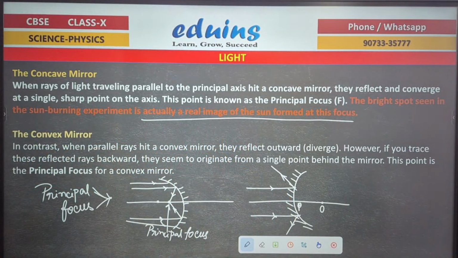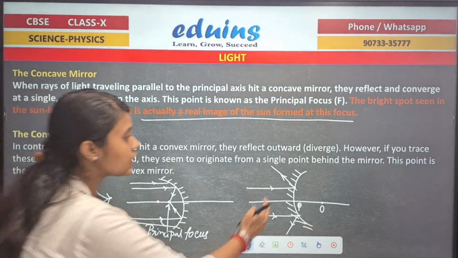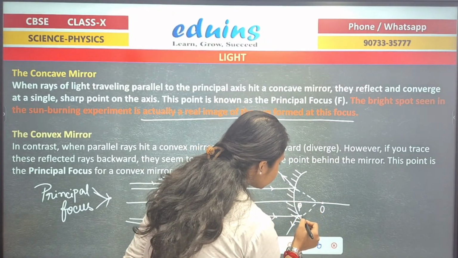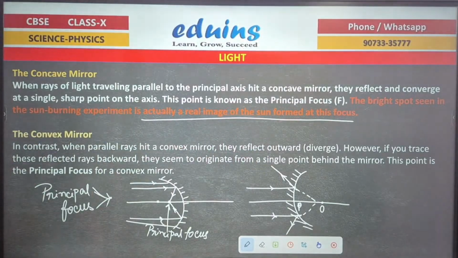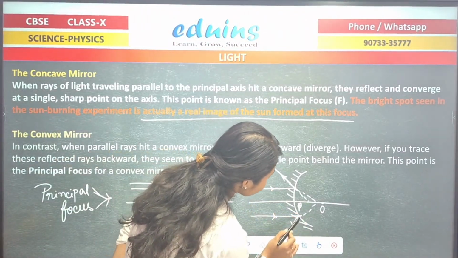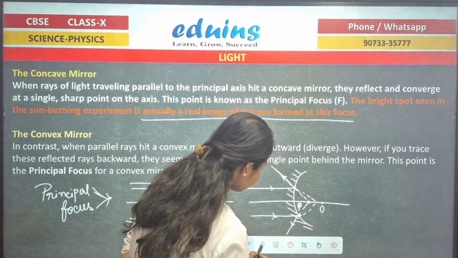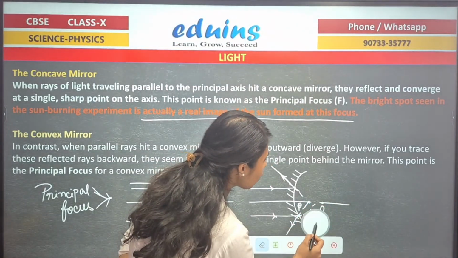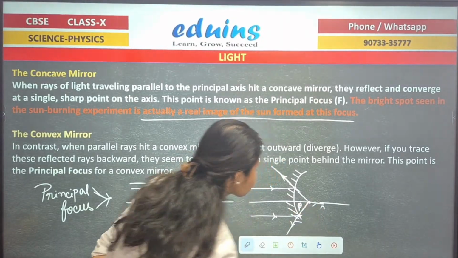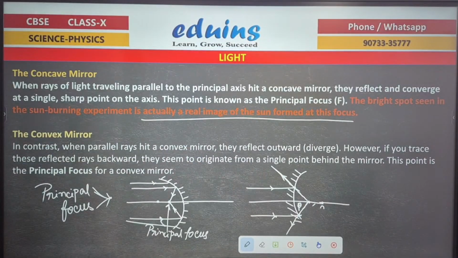If you trace these reflected rays backward, because these are diverging rays, they do not intersect each other, never. So traced backward, they seem to originate from a single point, just like this, from this single point. So this is the apparent point. Now, they seem to originate from a single point behind the mirror. This point is the principal focus for a convex mirror.